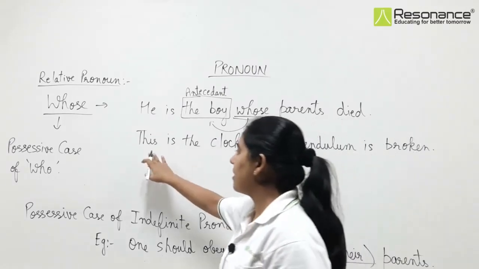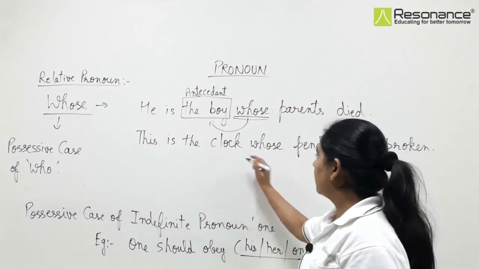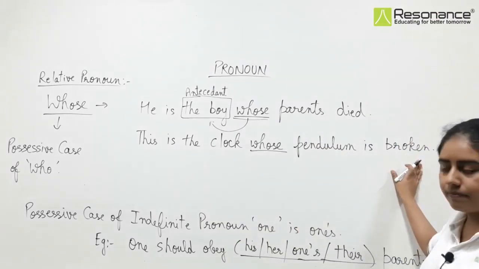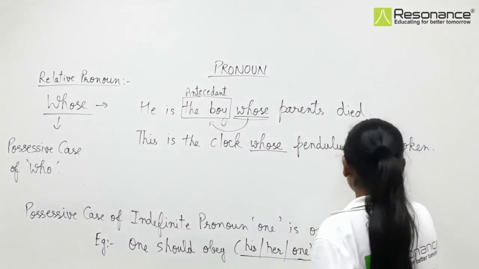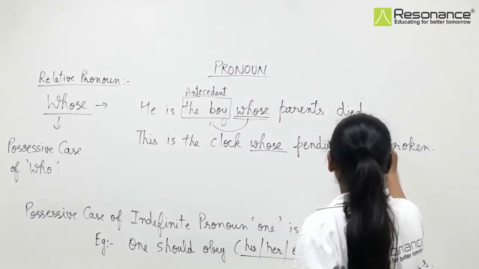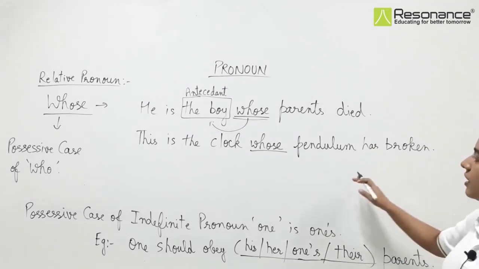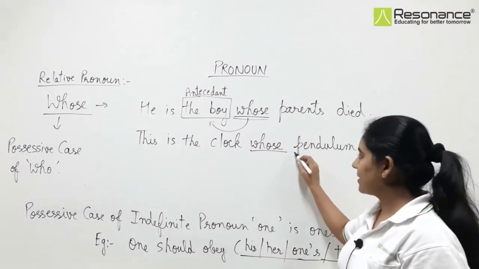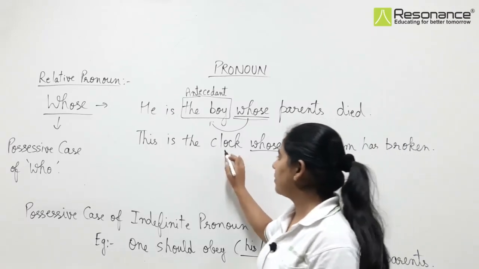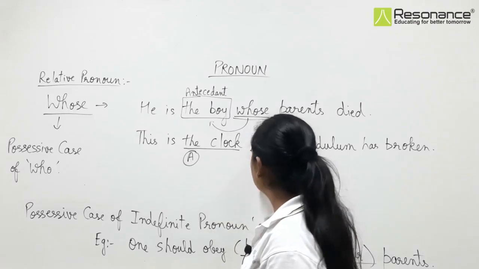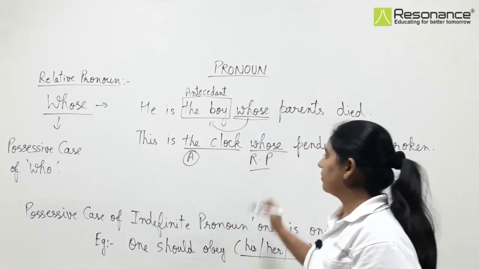See the next example. This is the clock whose pendulum has broken. So pendulum, किसका pendulum? Clock का pendulum. So here clock is the antecedent and whose is the relative pronoun.